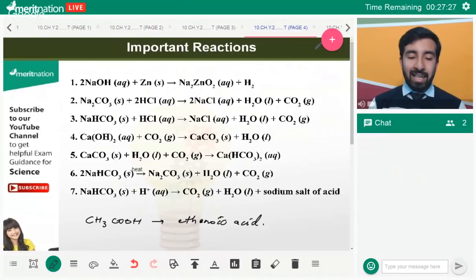Now, let's see what happens when we add water. We all know that it is advised to always add acid to water. We should never add water to acid because the reaction is highly exothermic. For ethanol, it's CH3CH2OH.